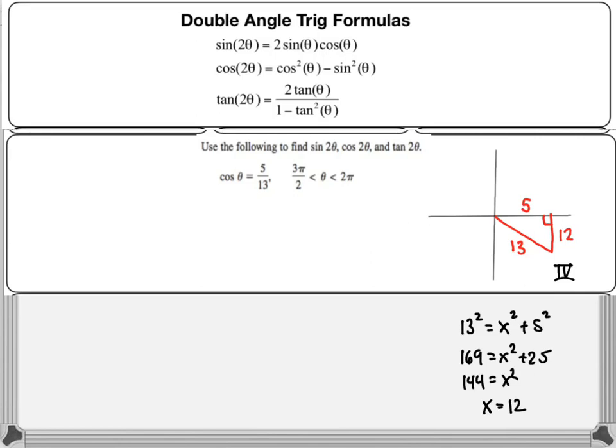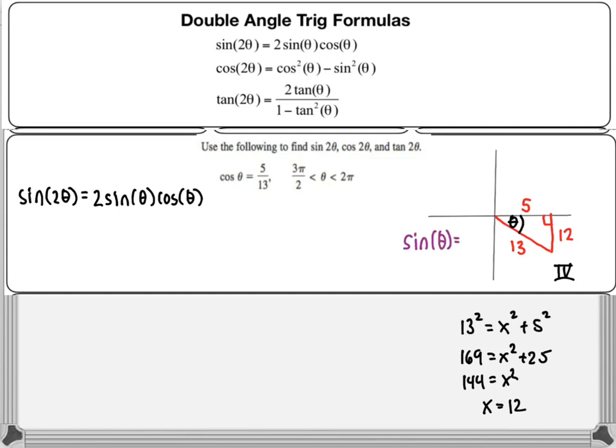All right, so let's go ahead and tackle the sine of 2 theta first. Let's write out the formula. And I should also note what I left off my picture here is this theta. Since it looks like we're going to be using sine, cosine, and tangent, let's write the values based on the triangle off to the side, just in purple, so we can go back and grab them each time.